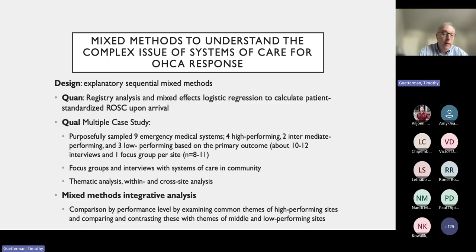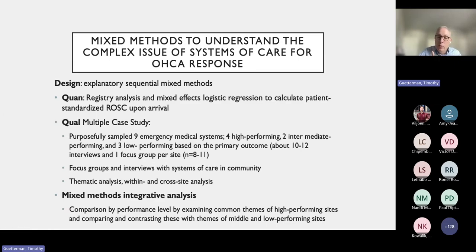So then from a mixed methods perspective, we went back to the performance data, that initial quantitative results. And basically we compared the themes of the higher performing sites, the higher performing systems, and compared and contrasted that with the themes that we found at the middle and low performers.